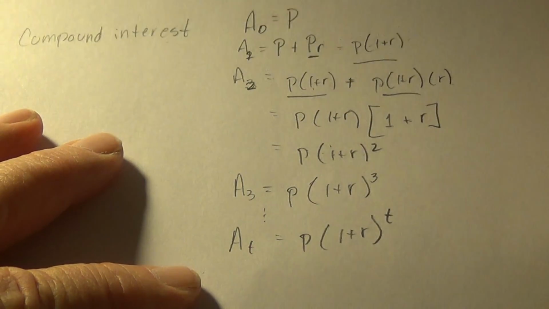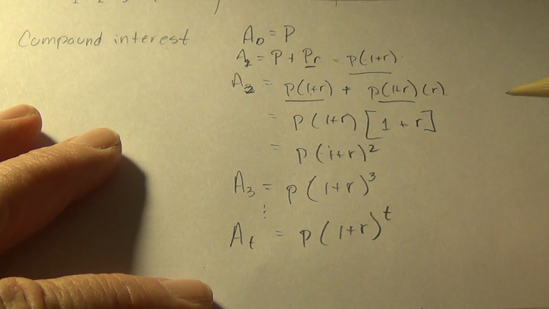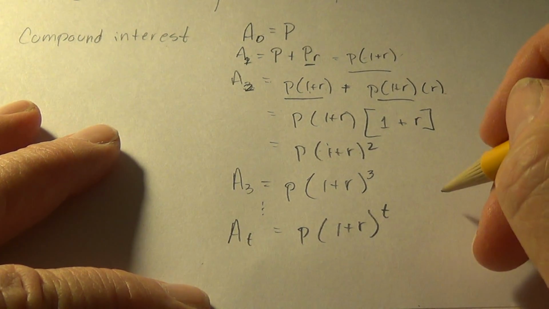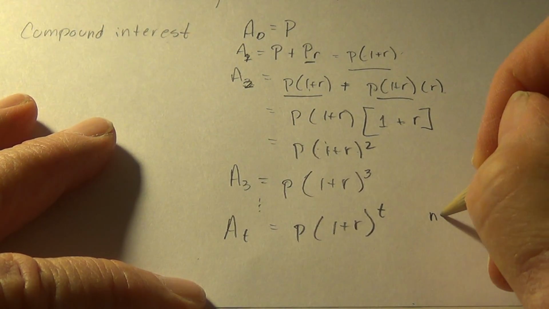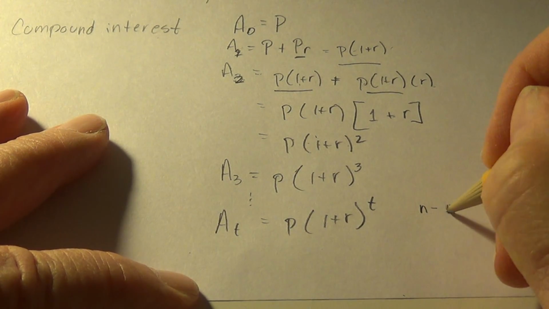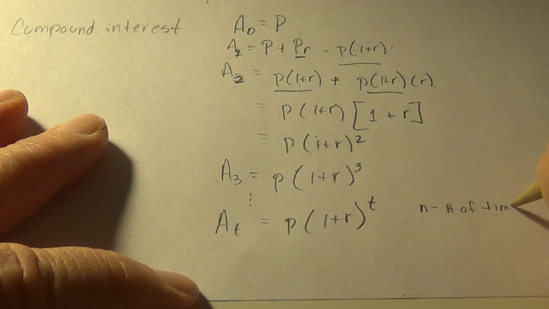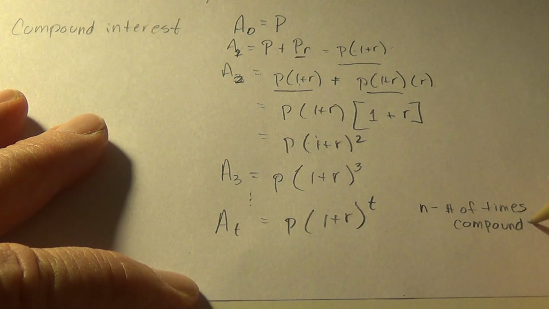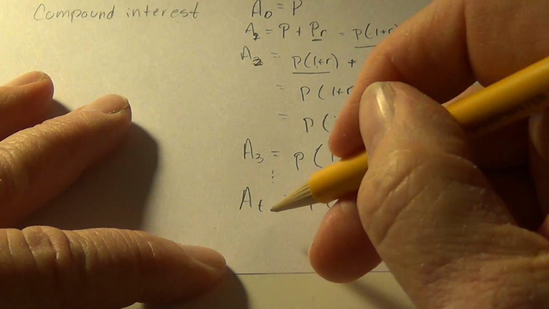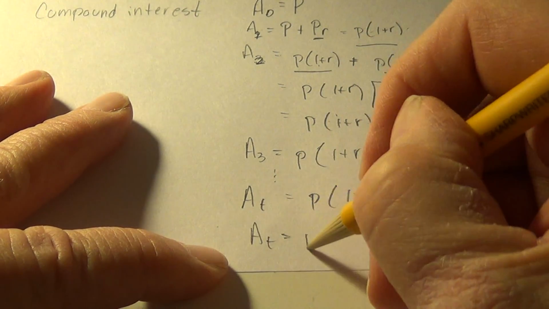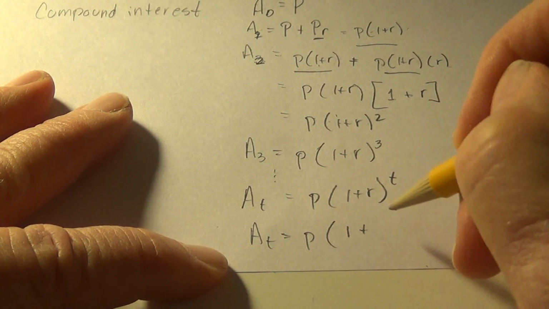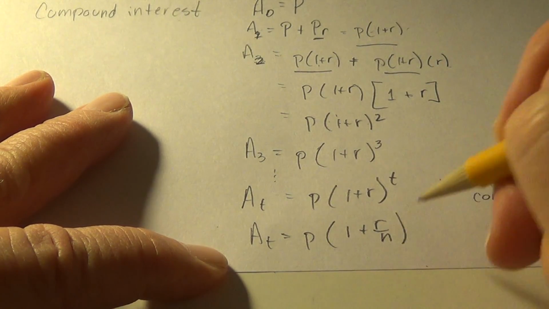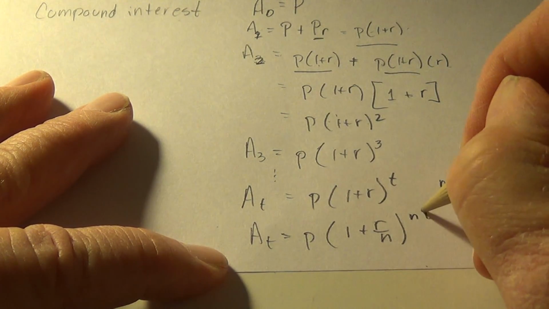So we compound more than 1 time per year, and we'll say that n is the number of times compounded or calculated. We'll change this slightly to (1 + r/n) to the n times t.